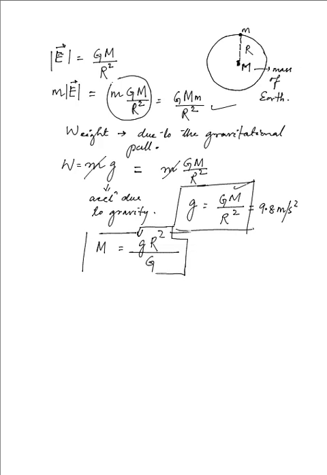So this is the expression for the mass of the Earth, and with the values of small g, capital G and r known, we have the mass of the Earth as well. Approximately it comes out to be nearly 6 times 10 to the power 24 kgs if you use those values that are available to us. And so it won't be really wrong to say that with this value of capital G, Cavendish actually literally weighed the Earth.